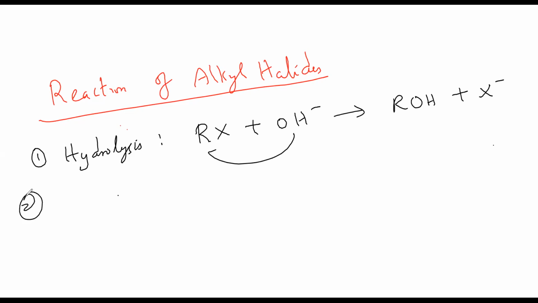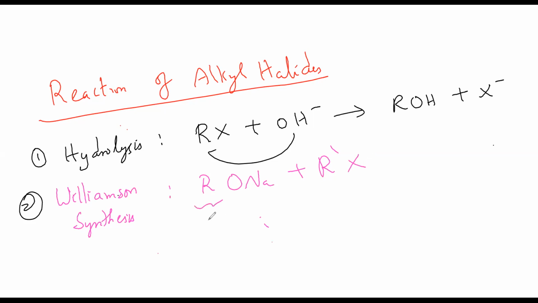Second one, Williamson synthesis. All of these are theoretical things which we have to learn by heart and keep. Fine. So RONa plus R dash X. R dash meaning a different type of alkyl group.